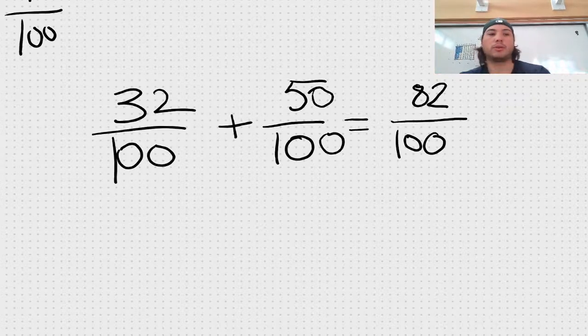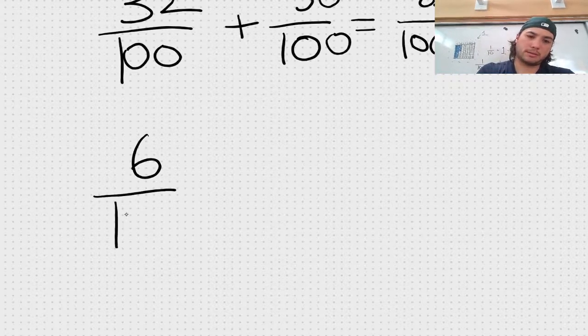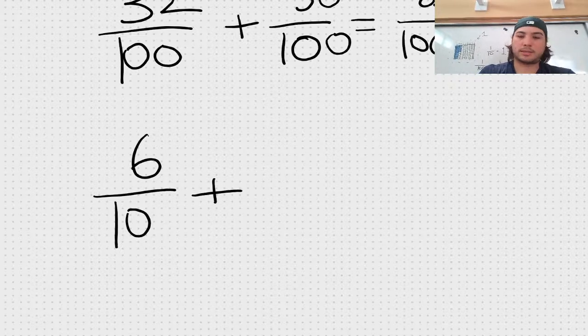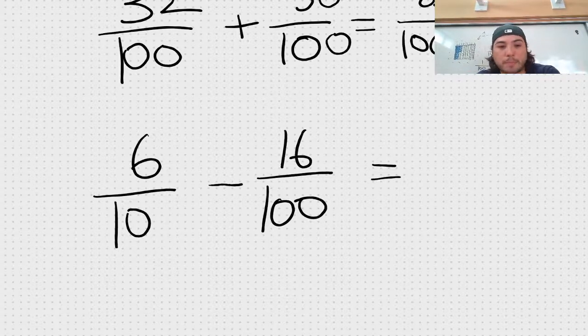All right, try one more. Let's do 6 tenths minus 16 hundredths. Okay, make your denominators match and then subtract.